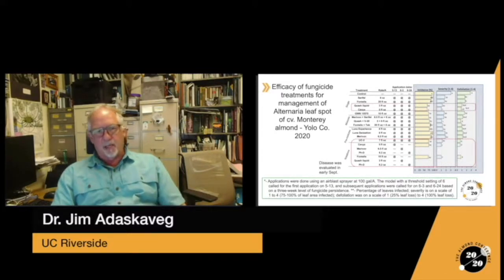And so this year we had much more intense disease. The incidence is nearly 100% when we read the disease early in September. You can see the severity is a 3. That means 75% of the infected leaves were covered with the disease.